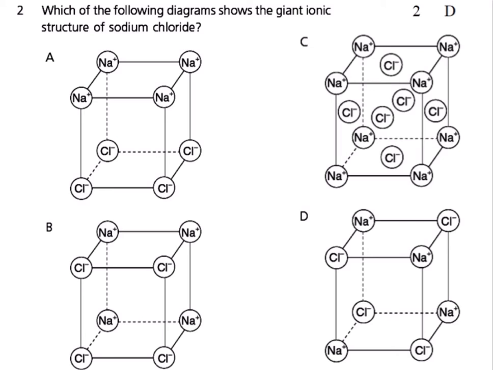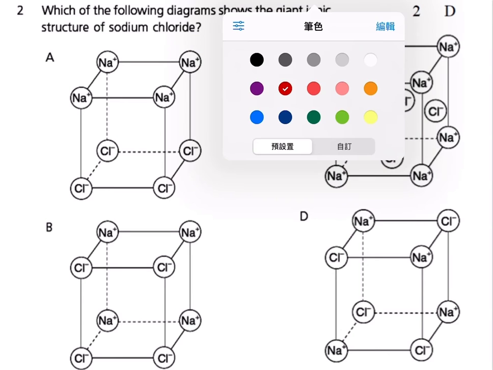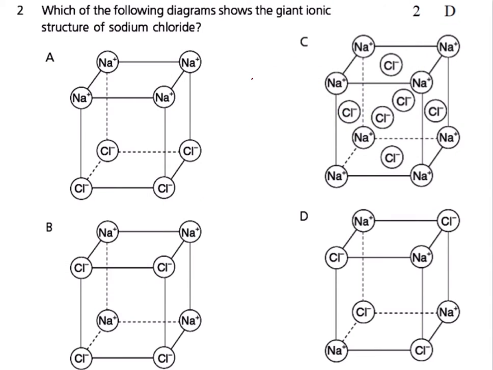That means one sodium and then another should be chloride. For A, two sodium are next to each other, so it must not be the structure of sodium chloride. And also B, two sodium together, not sodium chloride. Remember, they should appear alternately.